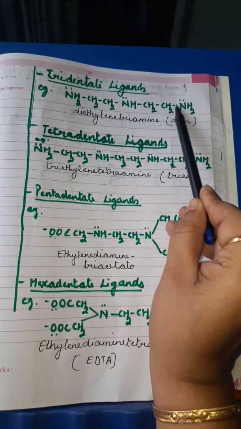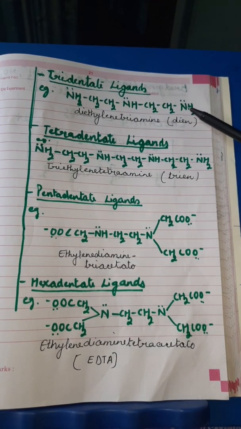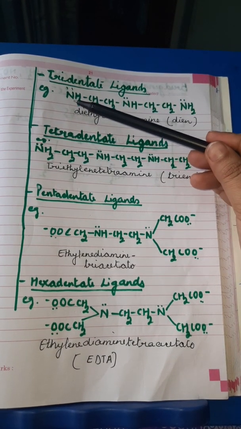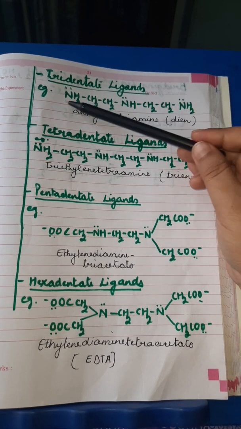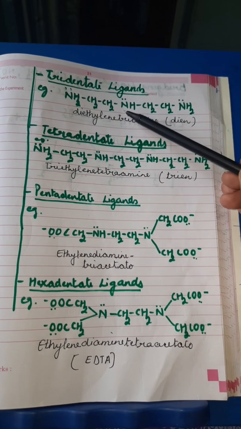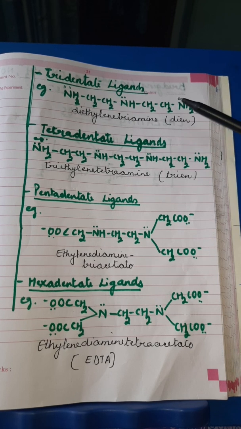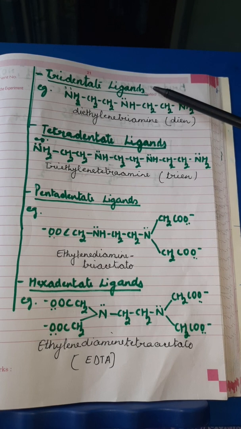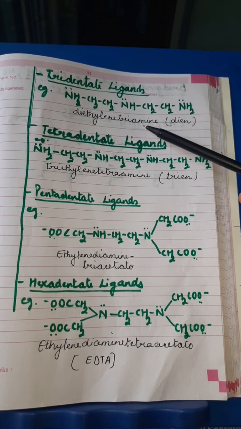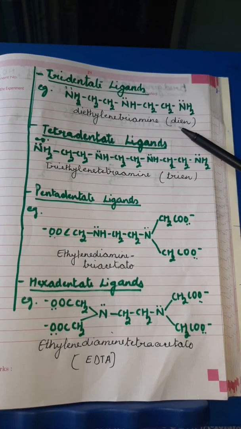In this diethylene triamine, it has 3 donor atoms, and all 3 are nitrogen atoms as amino groups. Here NH2 carries a lone pair, here NH carries a lone pair, here NH2 carries a lone pair. So, diethylene triamine is a tridentate ligand. In short, in place of writing a big name, it can be written as DIEN.